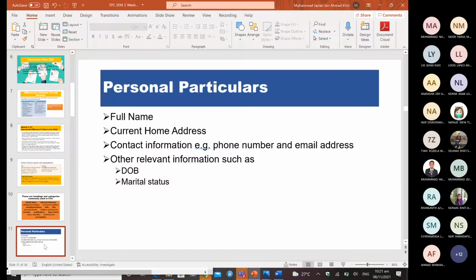Personal particulars. Personal particulars is your own information where you have to describe your full name, according to your IC, and your current home address.